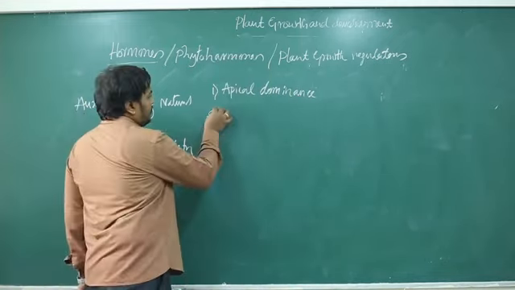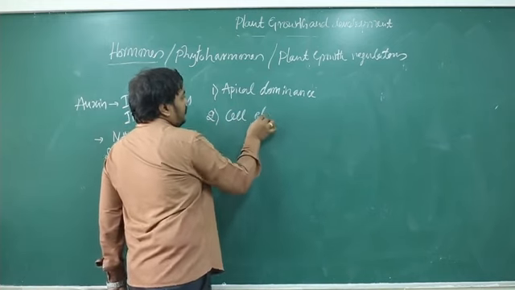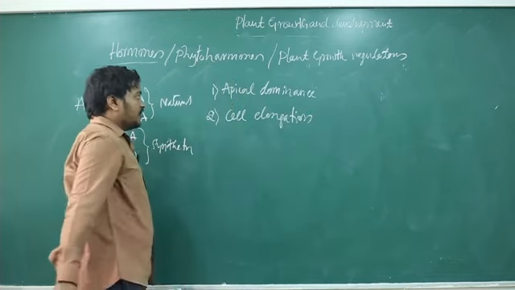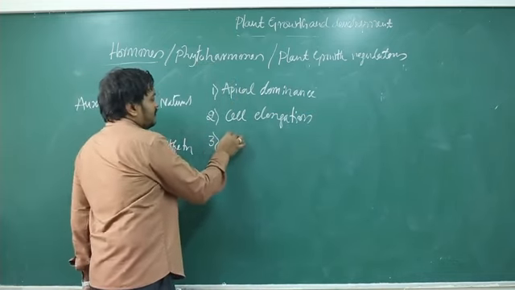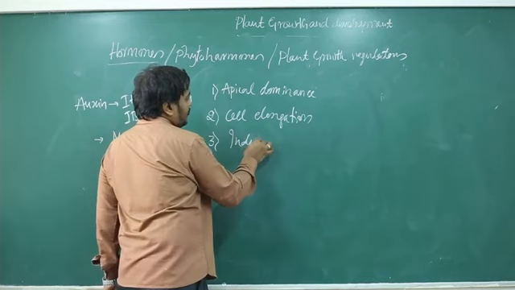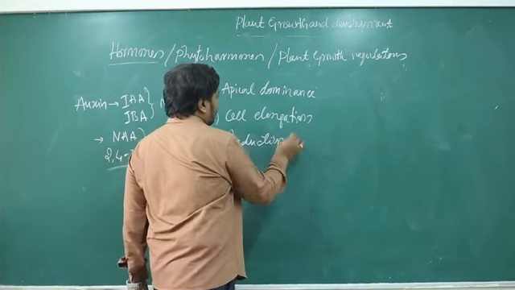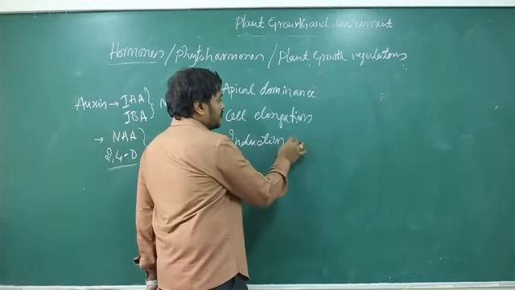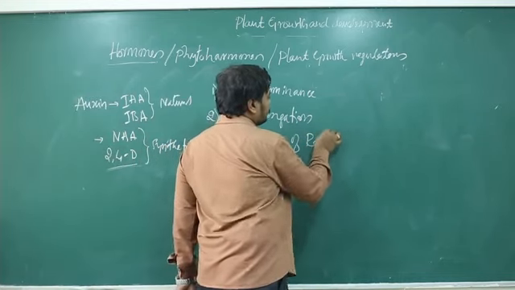Okay, so second, it helps in cell elongation, not division, cell elongation. And it helps in induction of root. When you dip the stem tip in auxin, it induces the root. Okay, induction of root.